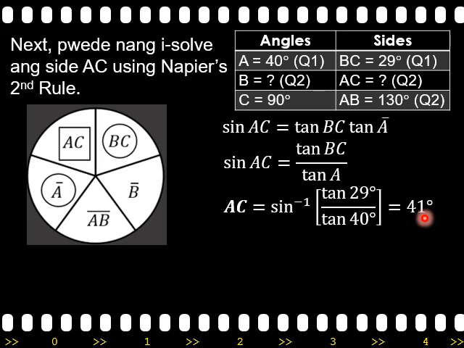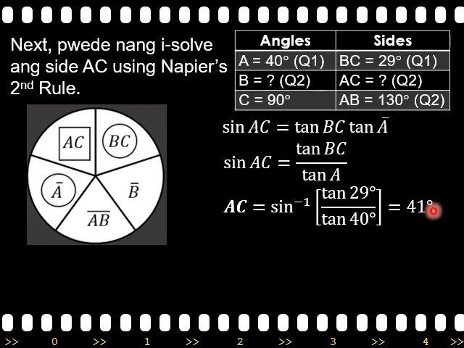Okay, so let's check. Tama ba to? Based dito sa rule of quadrants natin, dapat yung makuha nating sagot sa side AC dapat nasa quadrant 2. Pero yung nakuha nating sagot dito is 41 degrees na nasa quadrant 1 kasi less than 90 degrees. So, paano yan? Mali na ba yung sagot natin? Actually, kailangan lang natin gumawa ng konting adjustment.